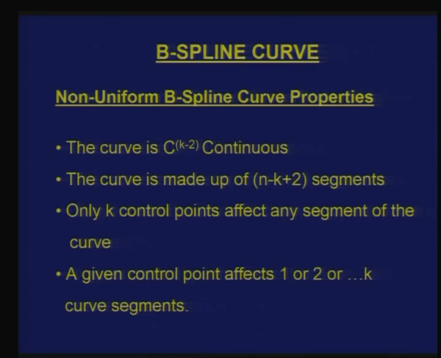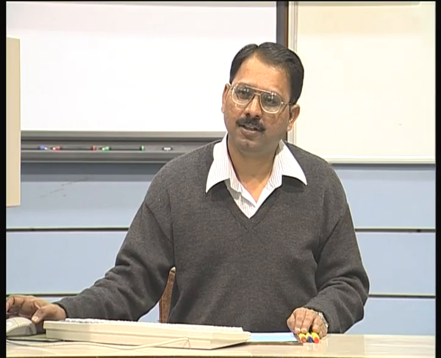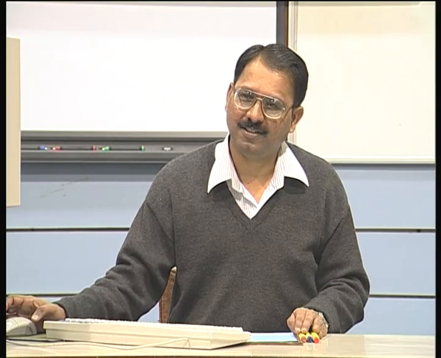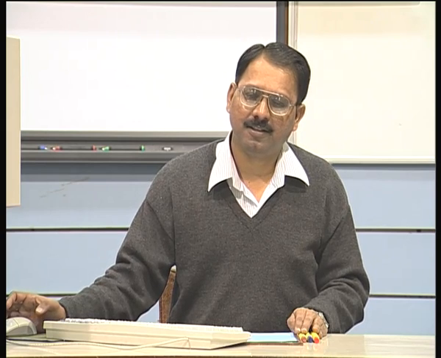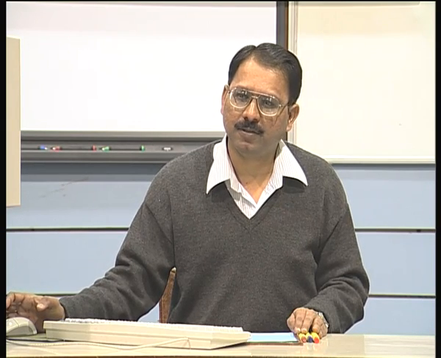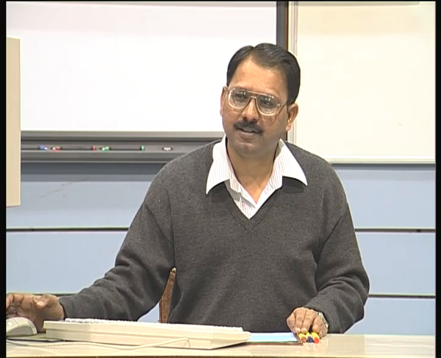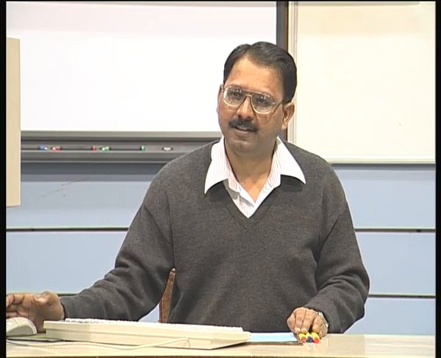Towards the ends, suppose I have a B-spline curve which is defined by 101 control points, 0 to 100, so your n is equal to 100. The non-uniformity is only for the first 2 segments and the last 2 segments, because the first control point affects only the first segment, the second control point affects the first and second, and the third will affect the next 3.